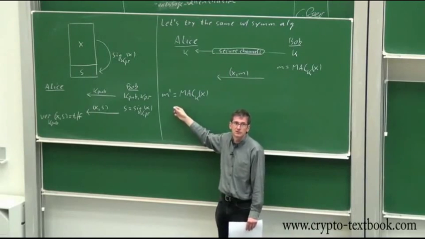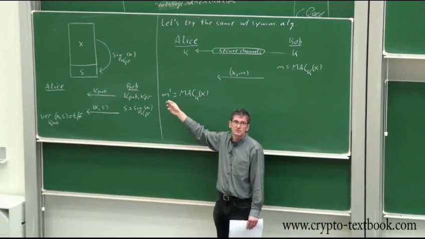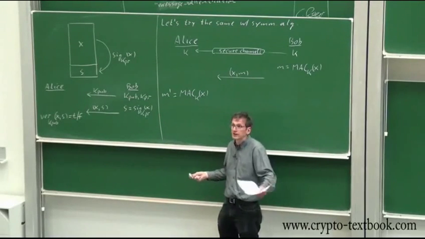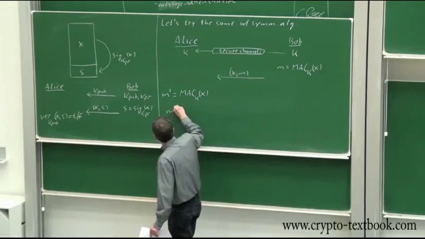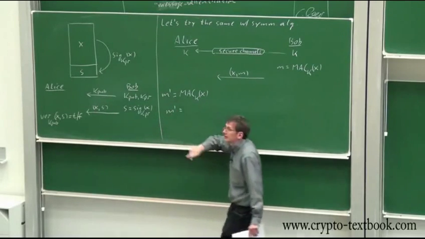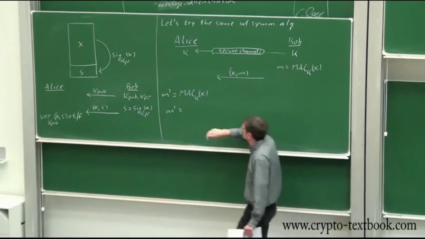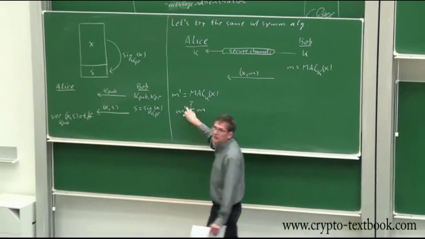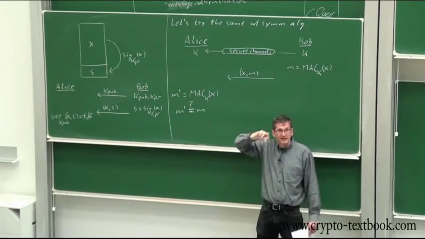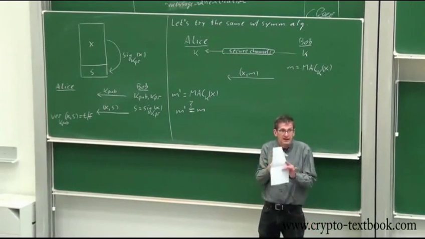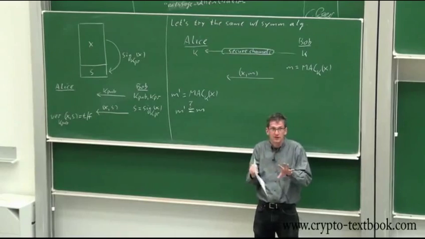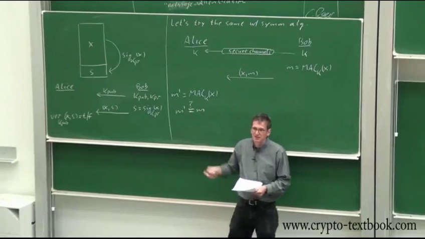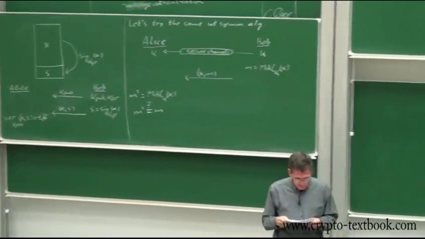What does she have to do with this M prime? Very simple thing. She has to verify by comparing. So is this M that Alice computes identical to this M? And I use this kind of goofy notation here, an equals sign with a question mark. This is only my notation, I'm exaggerating, but this is not a standard notation. Definitely not in cryptography. I think it's useful.